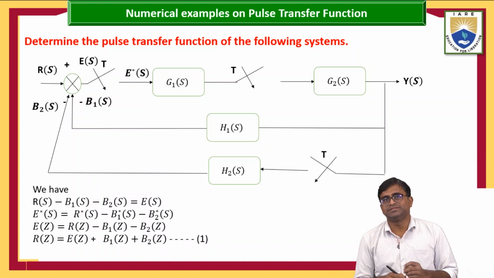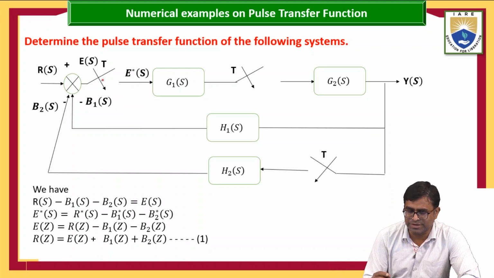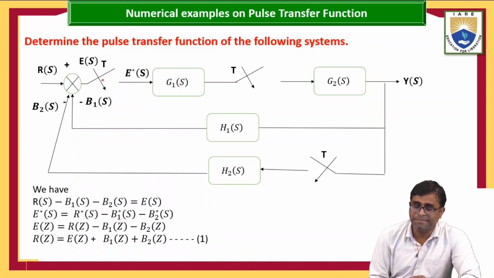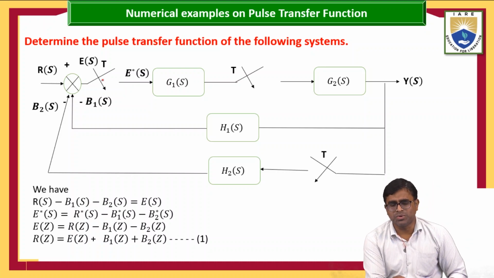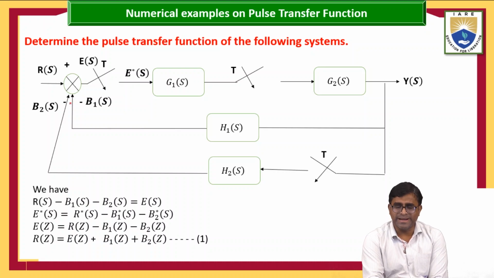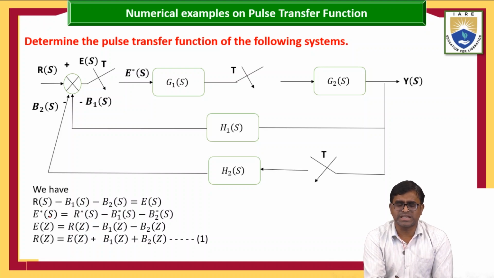Similarly, here two feedbacks are there, that's why E of S equals R of S minus B1 of S minus B2 of S. For this E of S, apply the star pulse function, that is E star of S equals R star of S minus B1 star of S minus B2 star of S. Apply the Z transform.